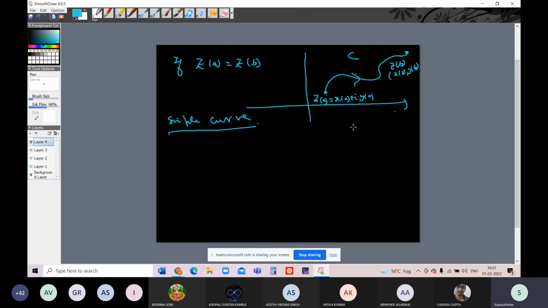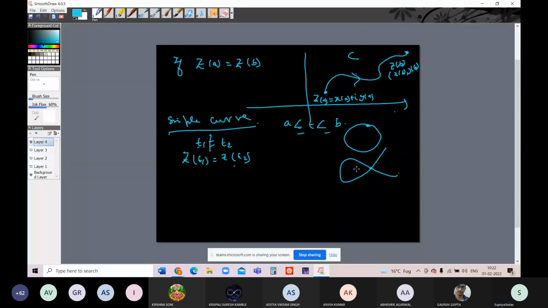Just like a closed curve takes the same value only at the end points. Otherwise, the curve does not intersect itself. Intersecting itself means that we are getting two different values T1 and T2 in this closed interval A and B, they are not the same, but the image under this function J is the same. It means the curve in between is not one type. So in that case the curve will not be a simple curve.